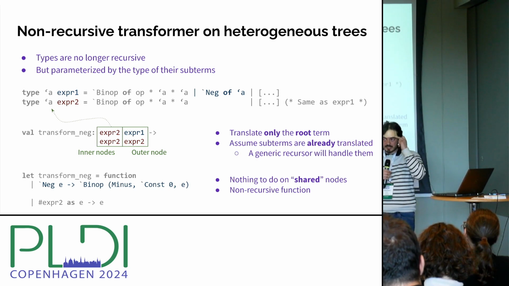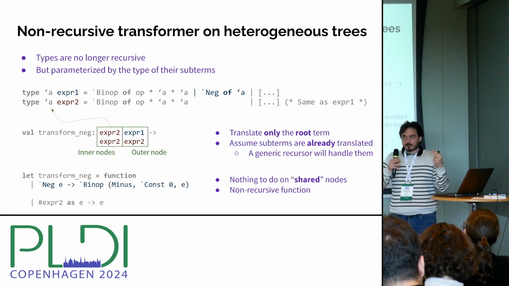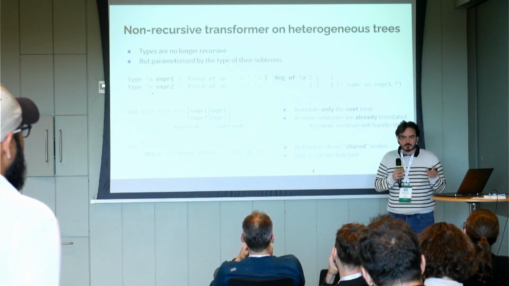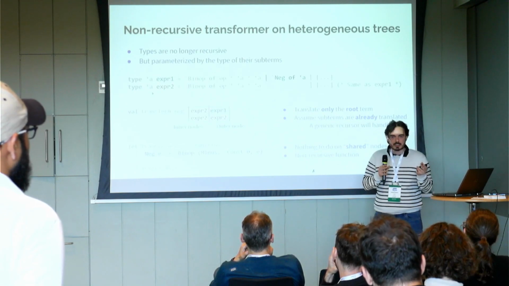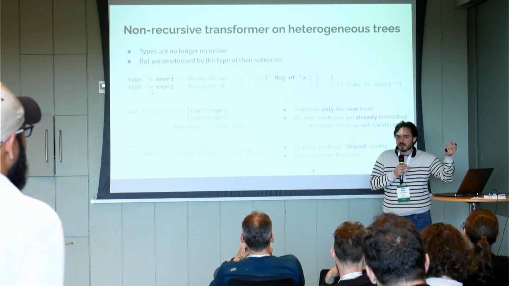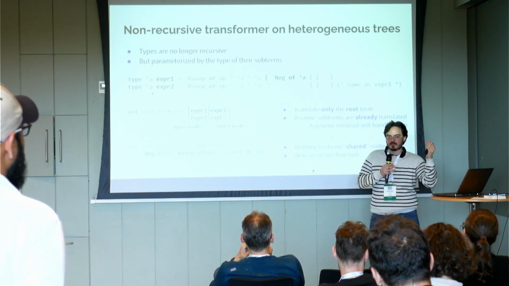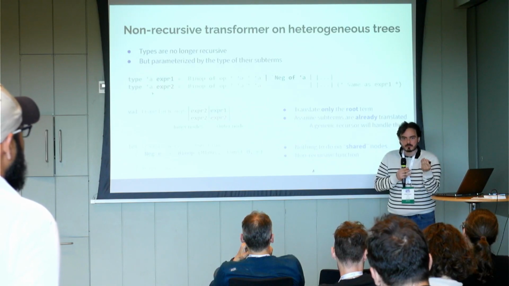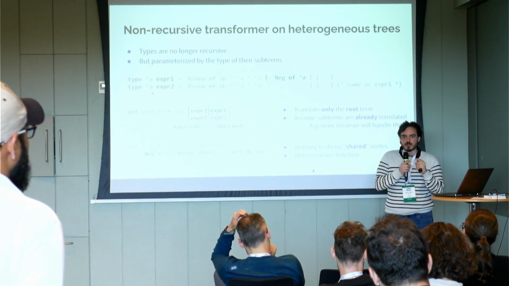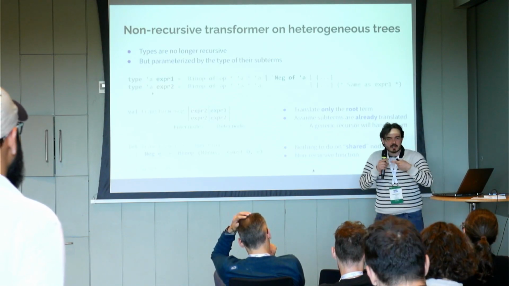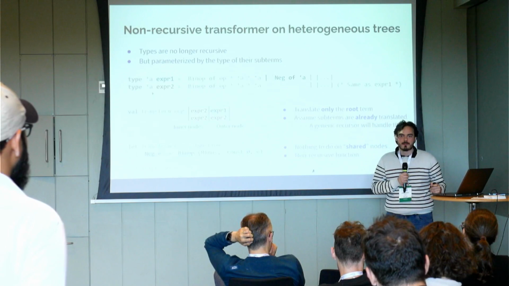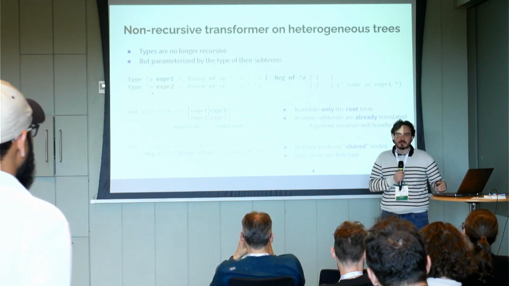But the issue with that is that for the constructors that didn't change, you still need to apply the recursive call. If you have a binary operator in the expr1, for example, and you want the same for expr2, it won't work because you need to apply the recursive call and reconstruct the new node with the subterms being recursively translated.